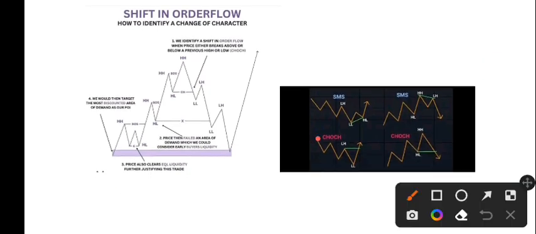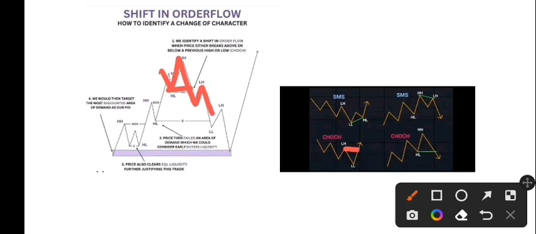We call this one here CHOCH, because price immediately, from breaking higher highs, just breaks the low. You understand? It's a change. What CHOCH means is change in market structure. That's CHOCH. So price does that, and then you can see it's reversing.